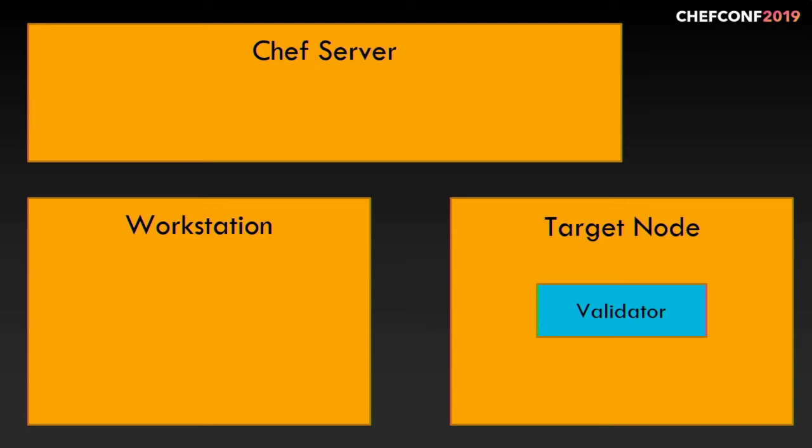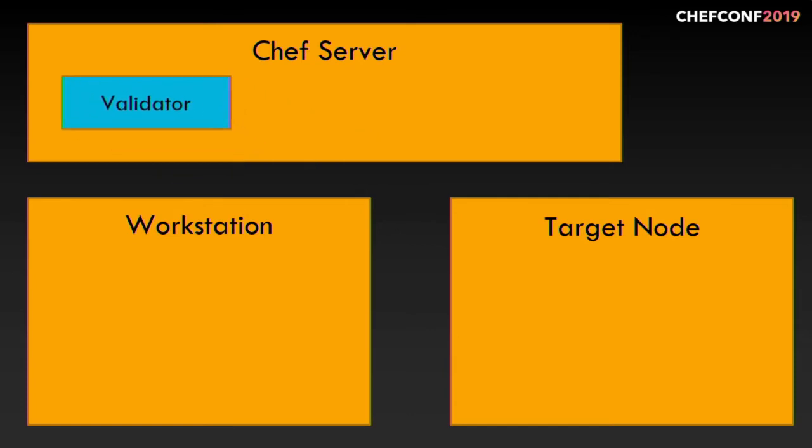The Chef client starts, detects it has no client key on its own, but it does have a validator. So it talks to the Chef server. The Chef server generates a client object with a public and private key, and we store that on the target node. And now the client is registered and can talk to the Chef server.